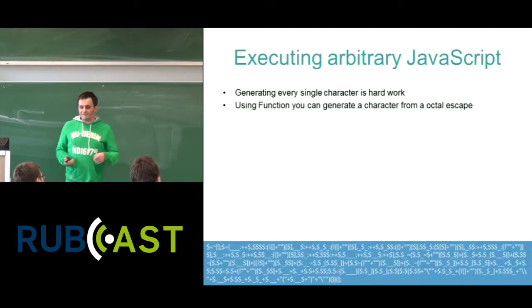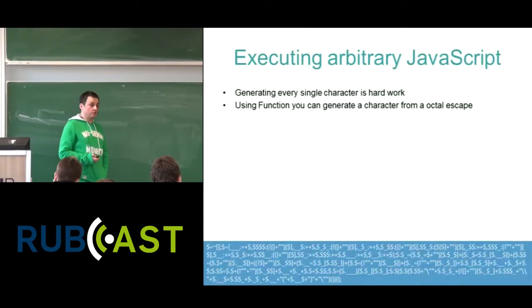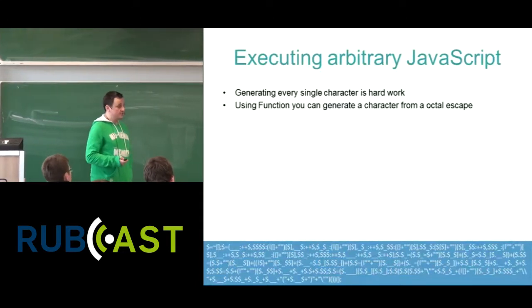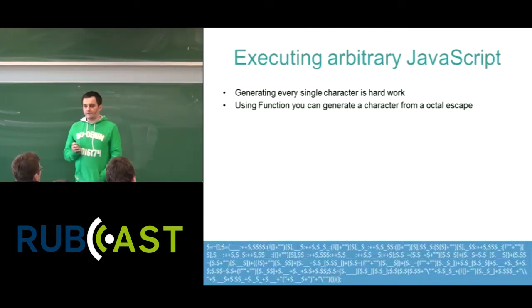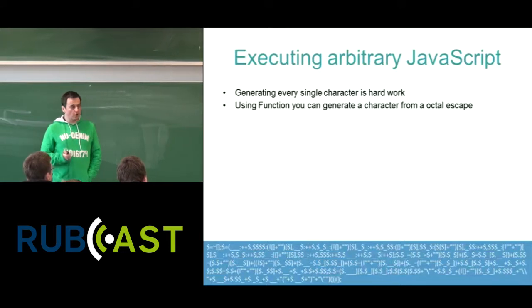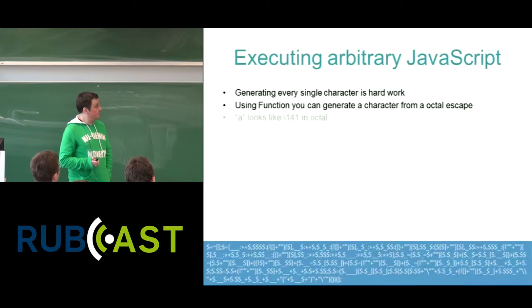But using eval or function in JavaScript, you can generate an octal escape. What's interesting about that is that all you need to generate a character is numeric values. So you can generate all the numeric values and combine them together. For example, a looks like that in octal.